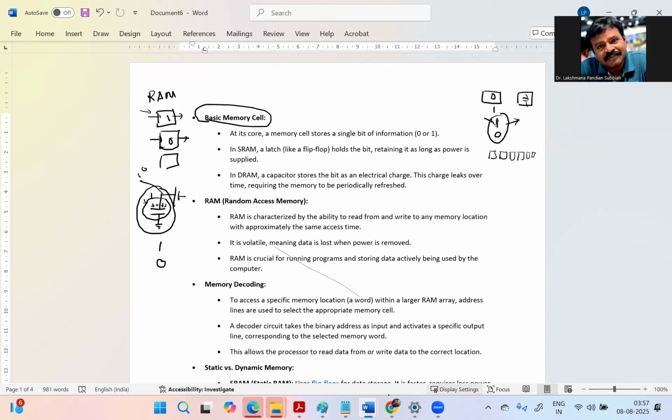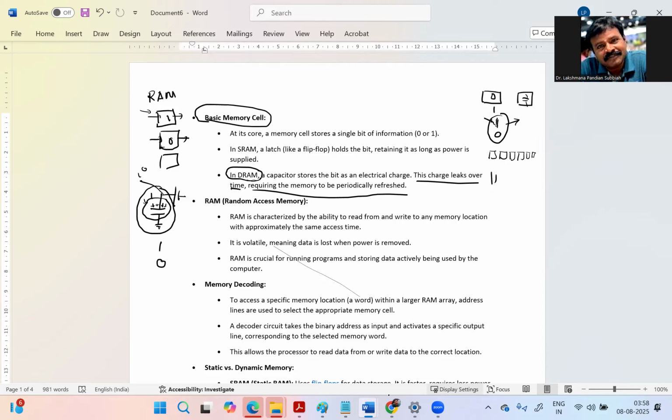That is called dynamic RAM. So the DRAM stores 1 bit of information as an electrical charge. The charge leaks over time, which requires the memory to be periodically refreshed. Dynamically we have to restore that information, and only then can we retain its value.